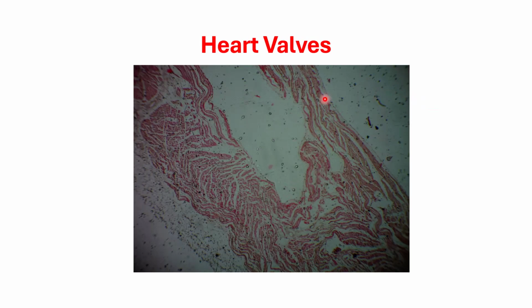Then at this point we have the heart valve. So this is corpus spongiosum. Then this is a fibrosa. Given that this is a ventricular part, we have this as a ventricularis here. So that's a histological slide of the heart valve.